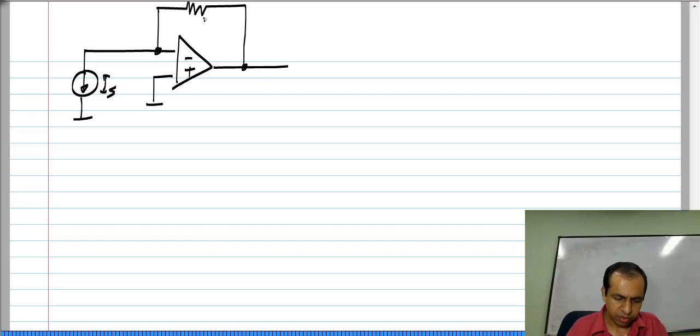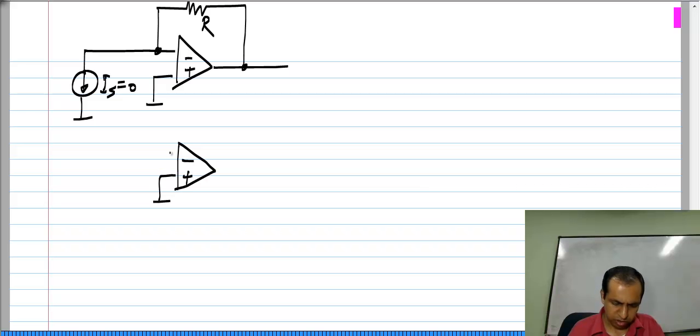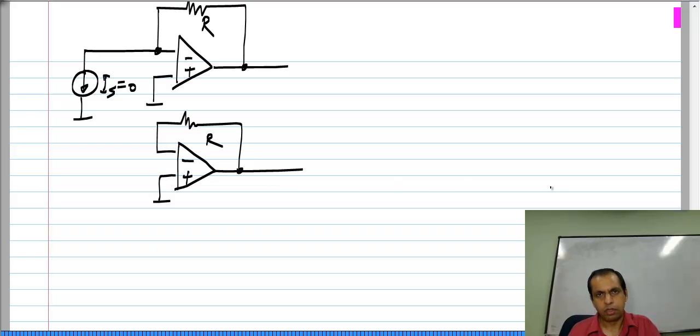Okay. And to evaluate the output resistance, I set Is to 0. So, this becomes an open circuit. And I have this resistance R.